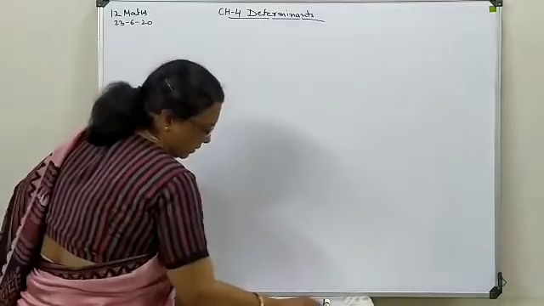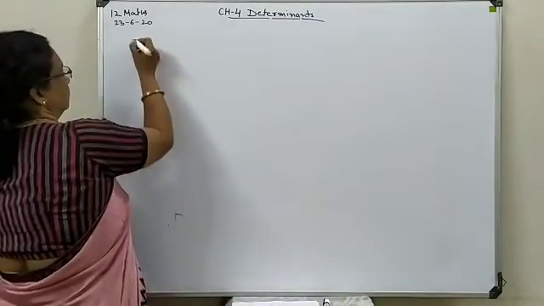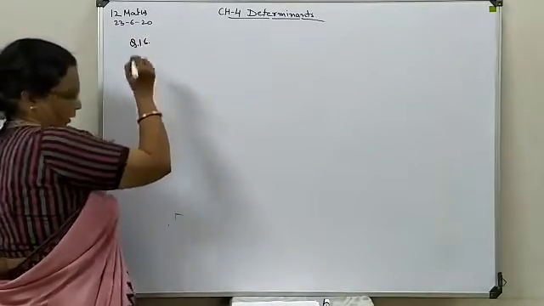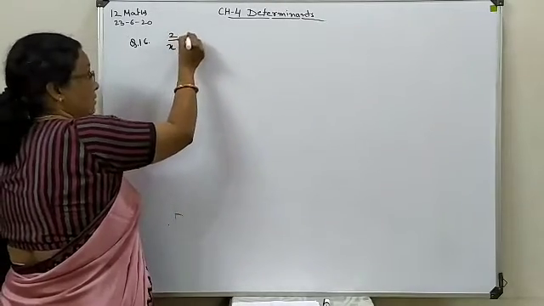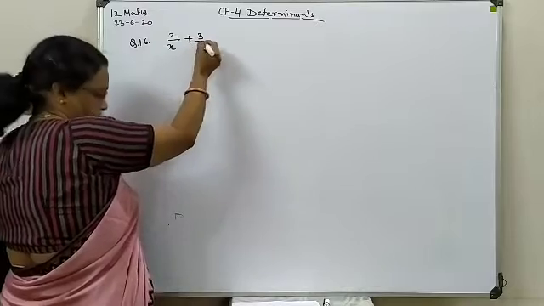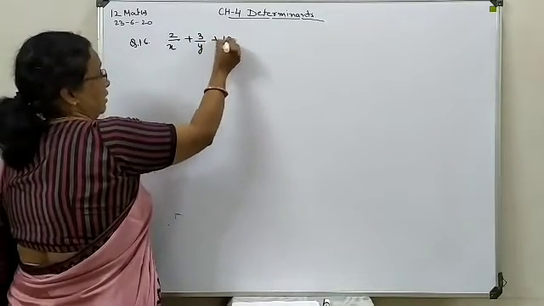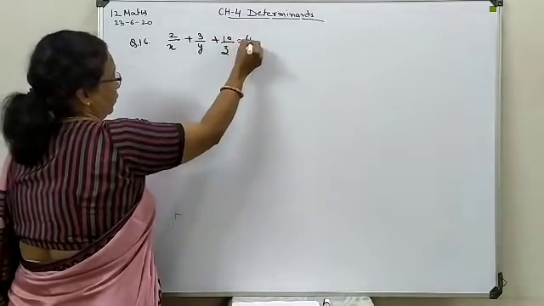Your question number 16 is given as: 2 upon x plus 3 upon y plus 10 upon z is equal to 4.